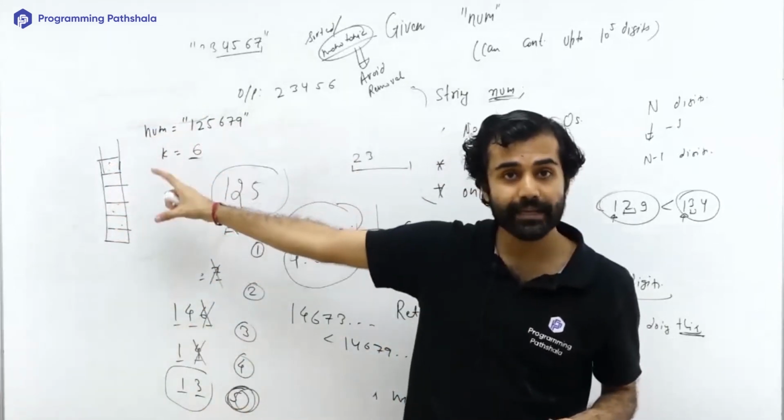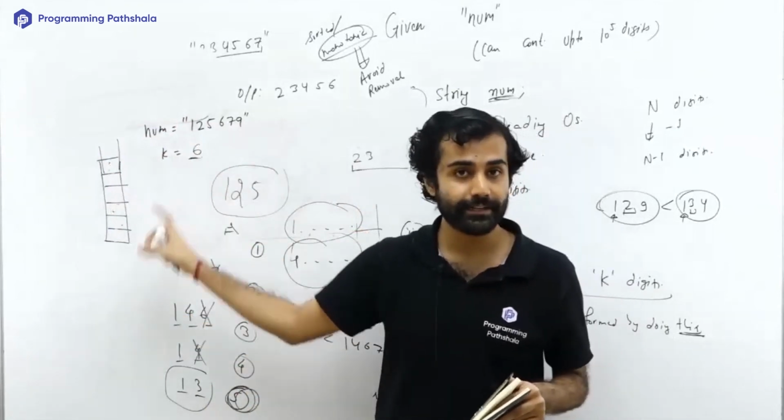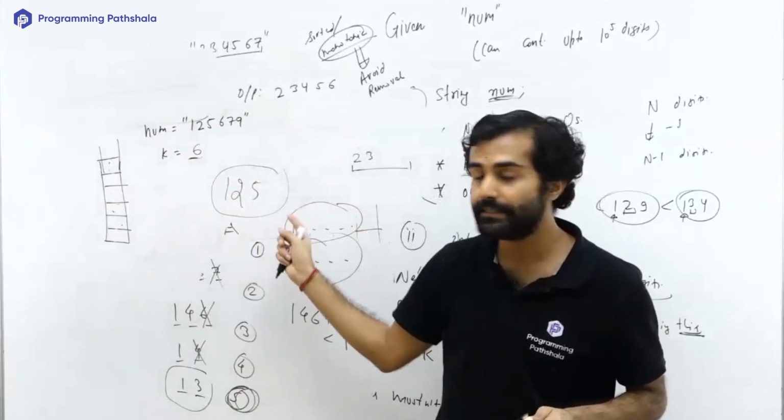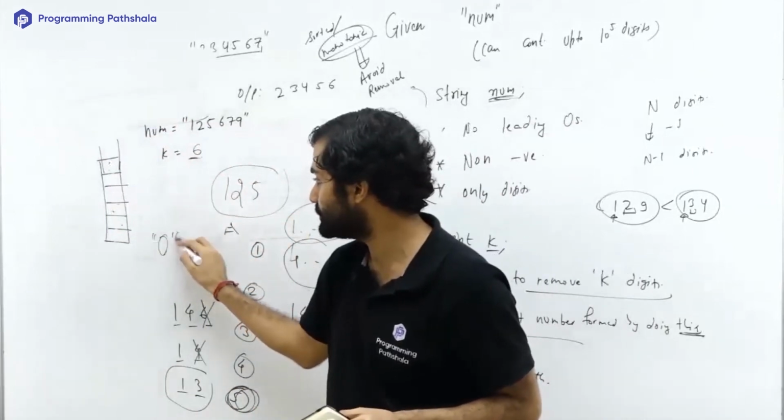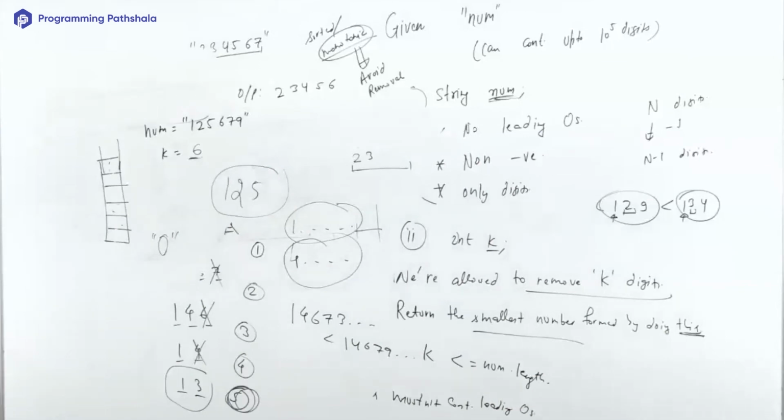When your stack becomes empty, this needs to be handled in a separate manner. You should mention in your code that if your stack has become empty, you should return 0. So this is also to be handled. Is that making sense, guys? Yes or no? Okay, great.